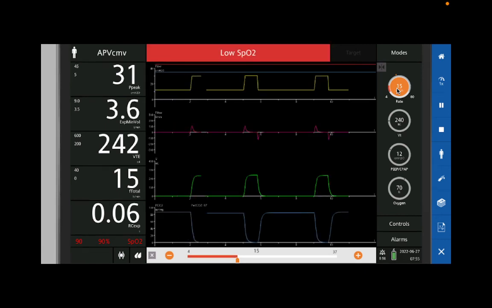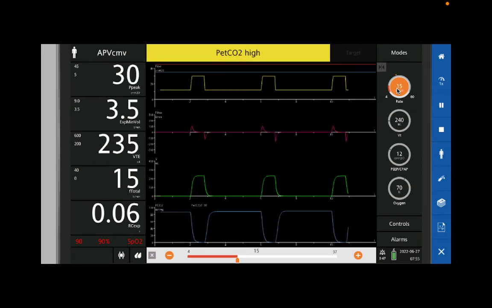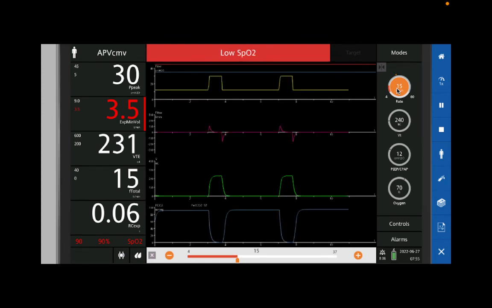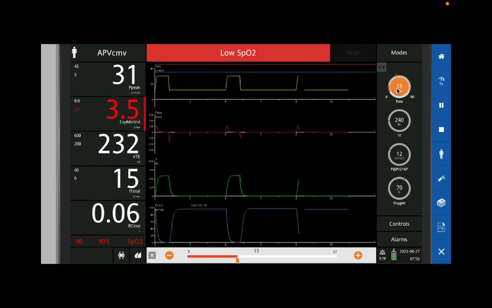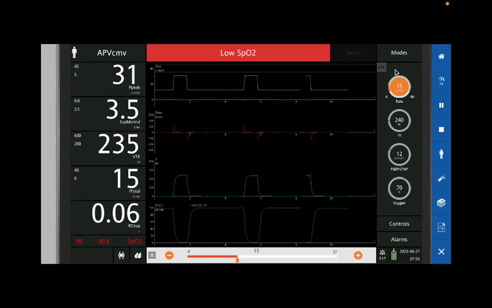How high can I go on the rate? If he's acidotic, can I keep going higher and higher and higher on the rate? What's wrong with that? Breath stacking, okay? Breath stacking, also called auto PEEP, also called air trapping. What can happen is, this is our flow waveform, okay?